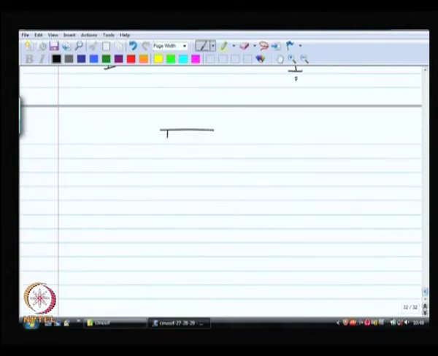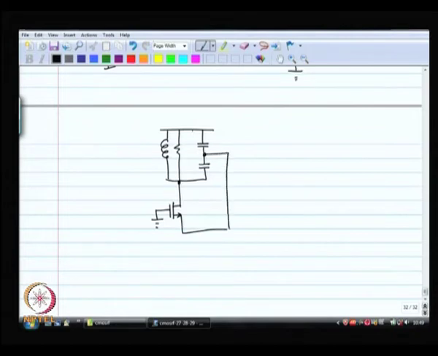So, if I redraw my circuit, this is what I have got, right. Or in other words, if I reorganize my drawing, it is going to look like this.